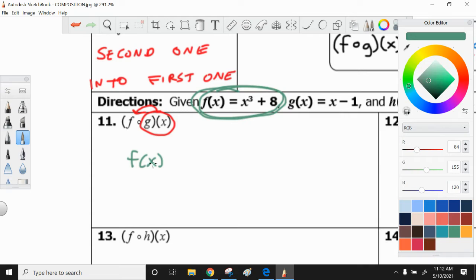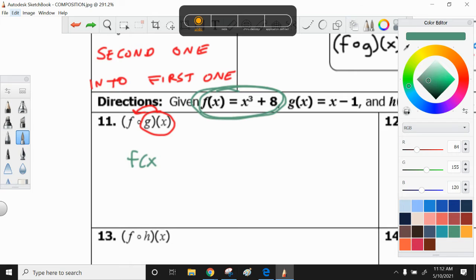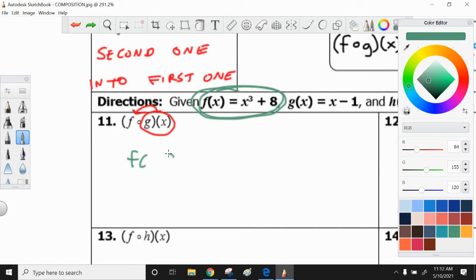And then everywhere that I have this x, I'm not actually going to write the x. I might have just messed you up if you're copying along. I'm going to leave a blank anytime that I see x. And so instead I've got f of blank equals blank cubed plus 8.